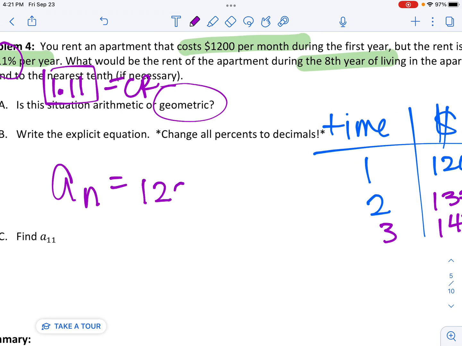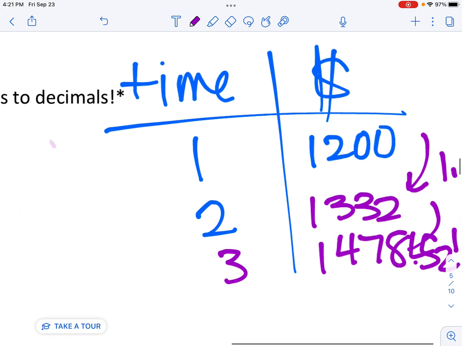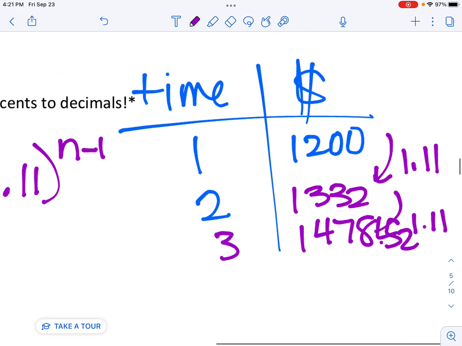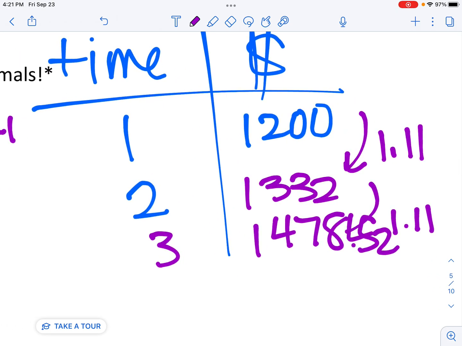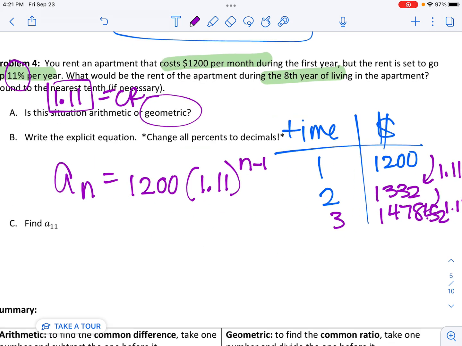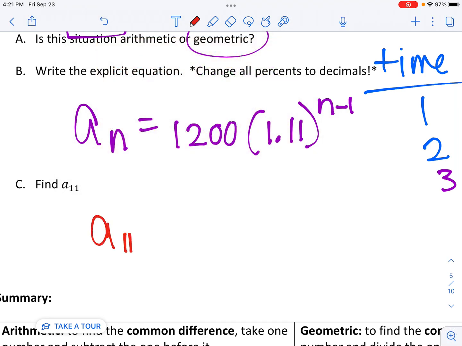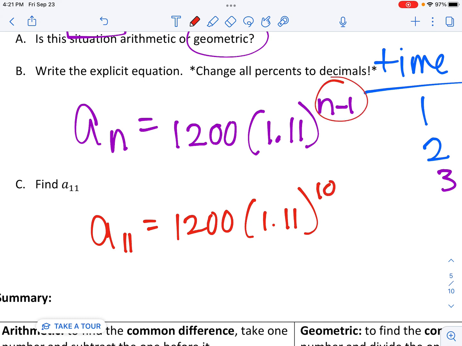So you can see the table, but if we write the geometric explicit equation, we have our starting value. It's going up 11% per year. Oh, but we start at time 1, so we need to do n minus 1, and that will take into account like multiplying between the first and second year, not between 0 and 1. So here's what it looks like. And then if you plug this in, it would be 1,200 times 1.11 to the 10th power, because you'd plug in 11 minus 1.